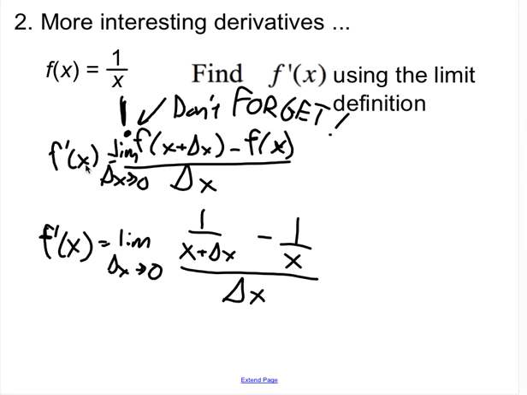And again, notation is going to be really important, so make sure, I almost forgot the limit in my limit definition. Don't forget that. Always go back and check. So what you did, again, is plug in x plus delta x instead of x, right? For every x you see, it should become an x plus delta x. So that's our first point. Minus y1, the original function, right, all over delta x.